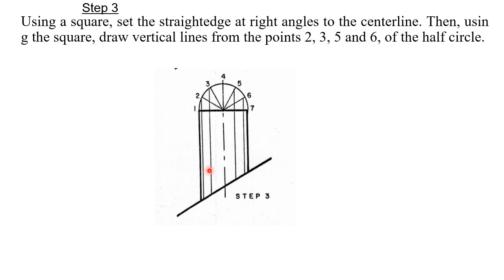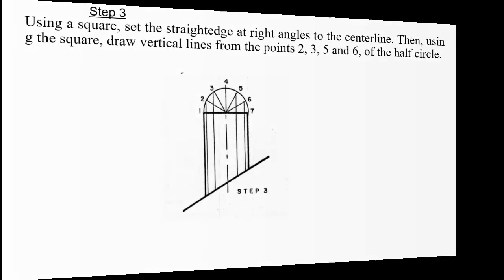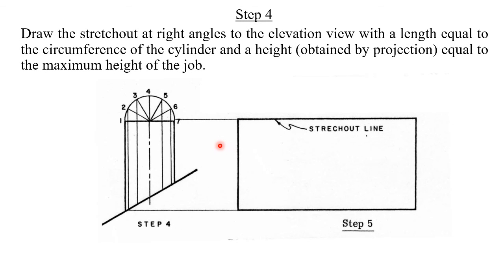Then the next step, you will use a square to make the projection of these points, drawing these lines coming down, lines from 2, 3, 5 and 6. Step number 4 is to make what we call a sketch outline. The sketch outline is this one, and this.